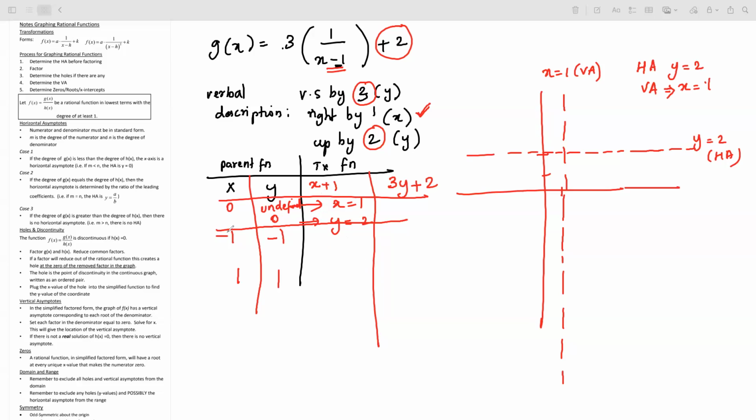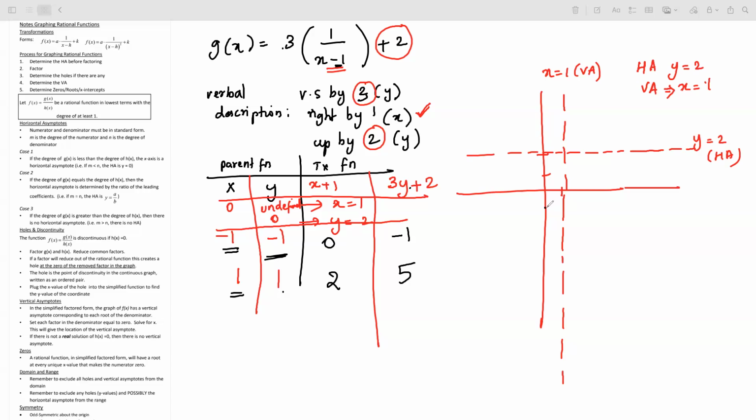Now, directly you're going to plug in values from here. This is not hard. X plus 1, and 3y plus 2. For -1, 3 times -1 is -3, plus 2 is -1. For 1, 3 times 1 is 3, plus 2 is 5. So my points went to 0, comma -1 and 2, comma 5.